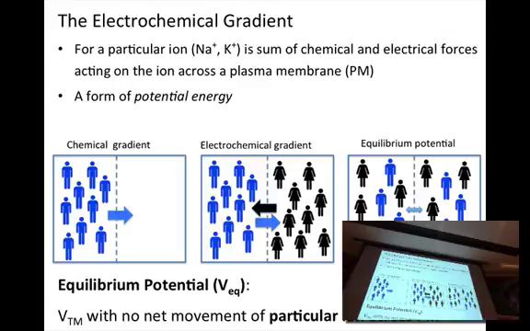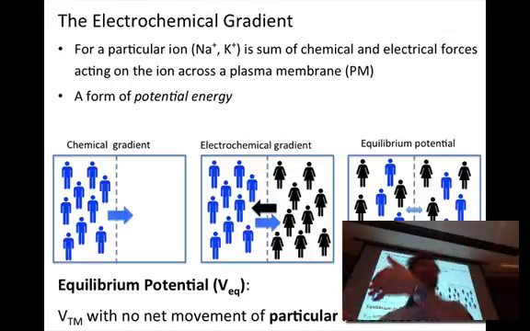As many are moving in one direction as are moving in the other. But that potential may be different than it is for potassium. Potassium has its own equilibrium potential at which for every potassium that goes one way, another will go in the opposite direction. All right? This is the notion of equilibrium potential.